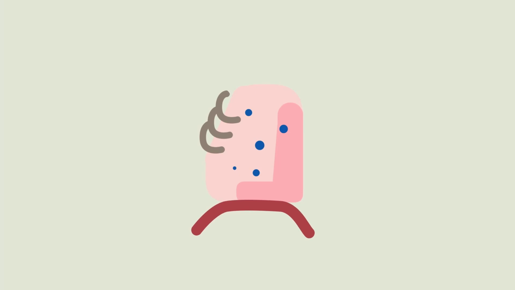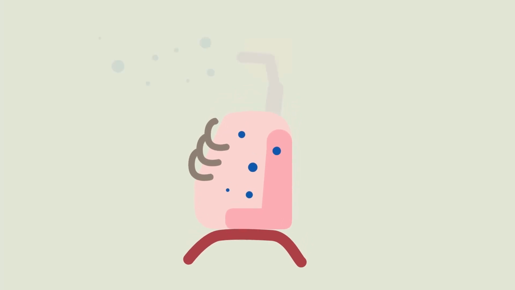Now let's take a look at the entire respiratory system and how the air moves throughout these changes in volume and pressure. So during inspiration, the lung volume increases, and the pressure inside of the lungs drops below the atmospheric pressure, and thereby the air will flow into the lungs.